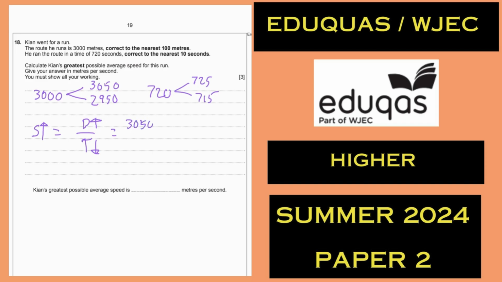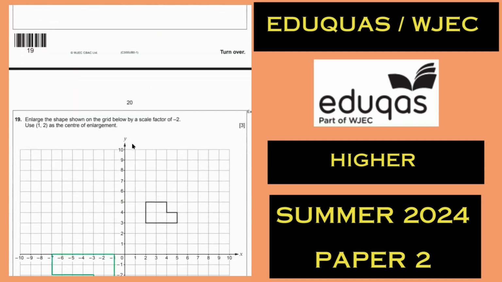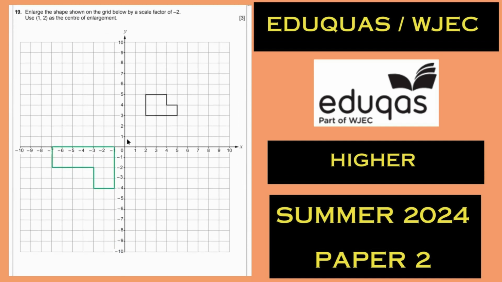That's 3050 divided by 715, 4.2657, and so on. I'll call it 4.3. And there we go. Easy once you've set it up, but you've got to follow the logic. If I want the greatest, which of those numbers shall I pick? Number 19, yep, I've cheated, but I'm not a big fan of using the ray method.